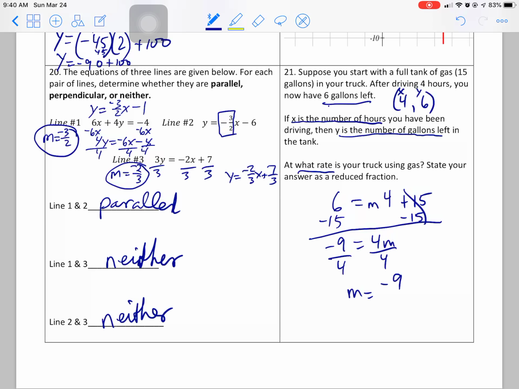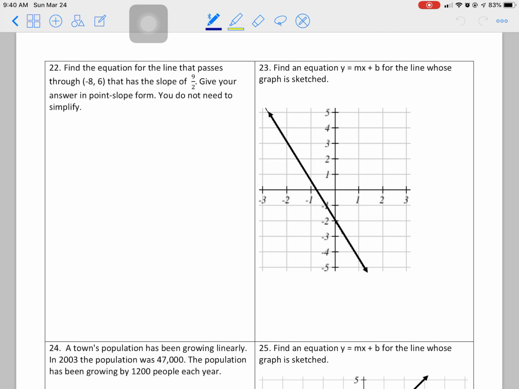M is going to equal negative 9 over 4. So that means our final equation of the line, is that what they want? State your answer as a reduced fraction. No, it just wants the rate. I'm done. Boom. That's it right there. If I was to write the equation out, it would be that. But that's all they asked for, was the slope.